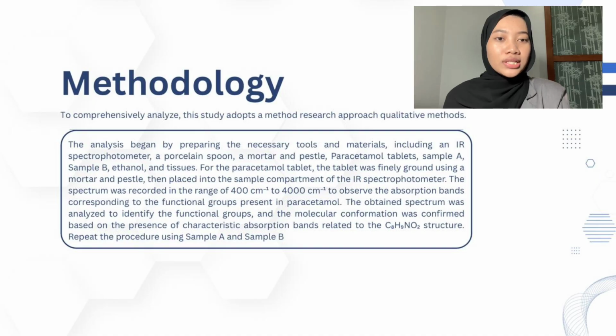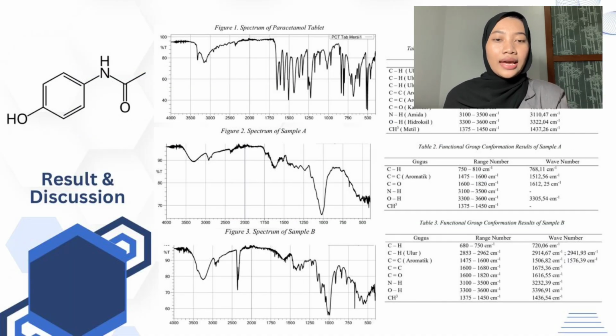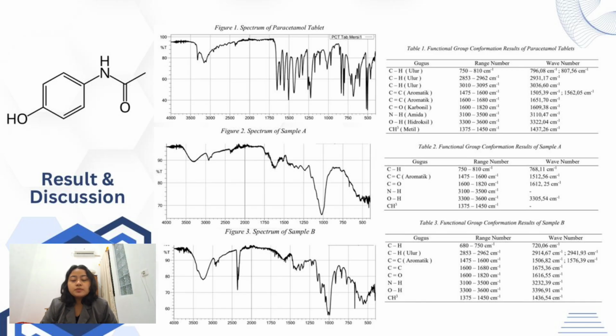The spectrum was recorded in the range 4000 cm to 400 cm to observe the absorption bands corresponding to the functional groups present in paracetamol. We repeated the procedure using sample A and sample B.